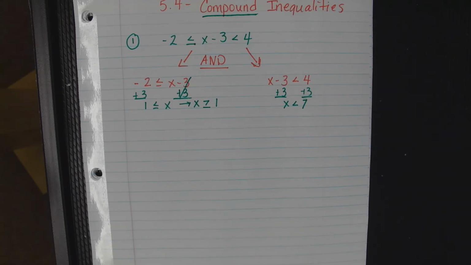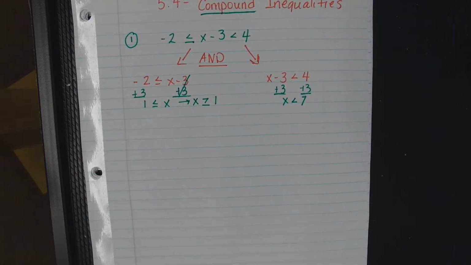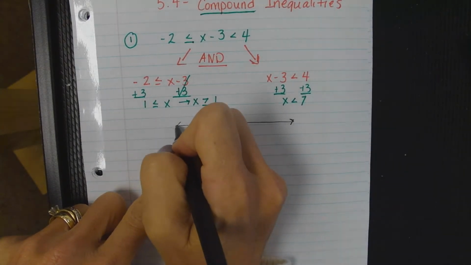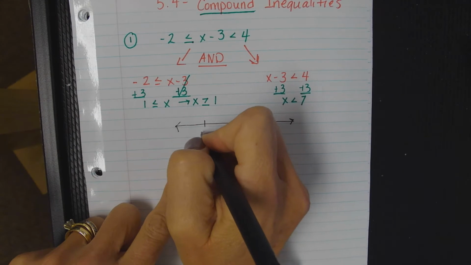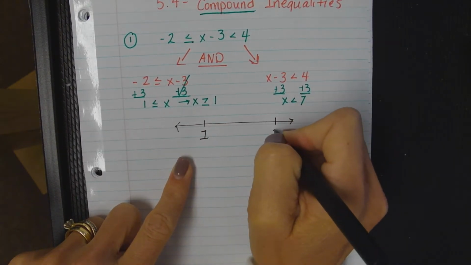Now let's do 8. True or false? Is 8 greater than or equal to 1? Yes. Is 8 less than 7? No, false. That's why it's compound. So what I want to do is graph. So here's 1, and here is 7.